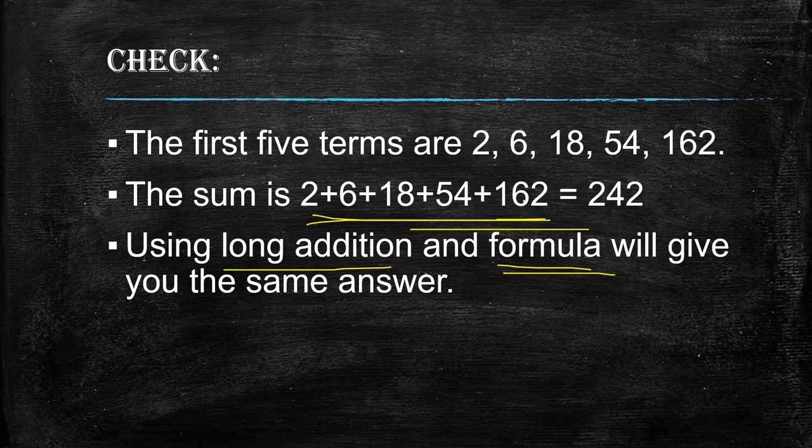Hindi mo na kailangan enumerate lahat ng terms. Pag nag-compute ka, diretso, sum na yon. Yun lang yung magiging disadvantage kapag naglo-long addition tayo. Still, practice lang kayo ha, para mas masanay kayo sa paggamit ng mga formulas at para mas mabilis yung ating process ng pagko-compute.